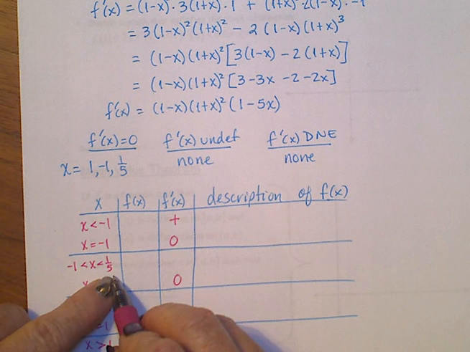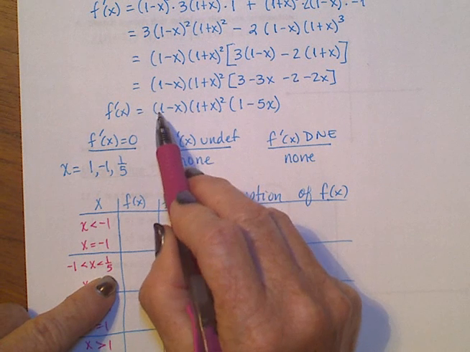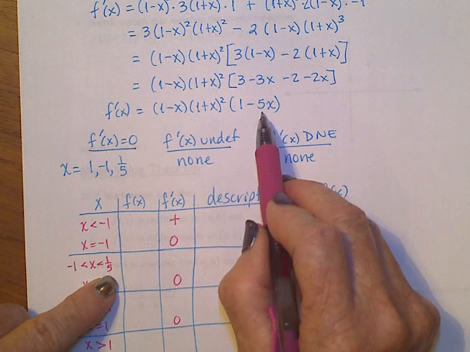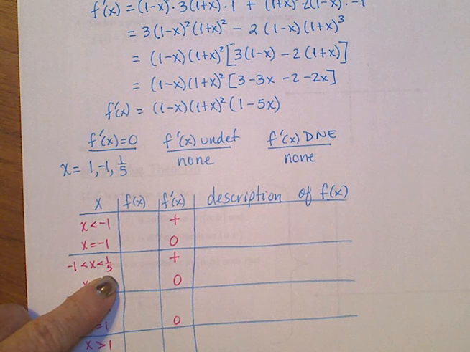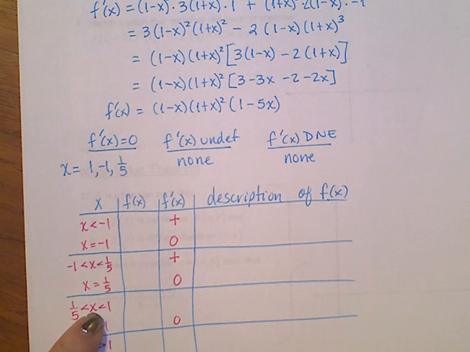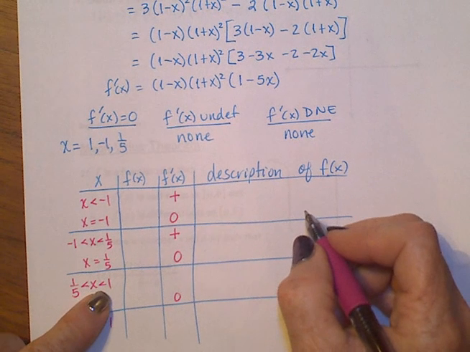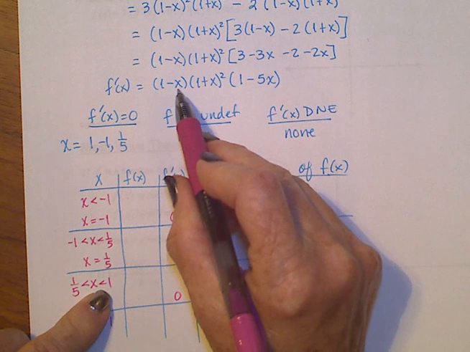A number in between negative 1 and 1/5. How about a 0? This quantity would be positive. Remember, I don't need to check this one. And this quantity is also positive. So we have another positive here. And how about this one, something in between 1/5 and 1? How about a half? 1 minus a half, that's positive.